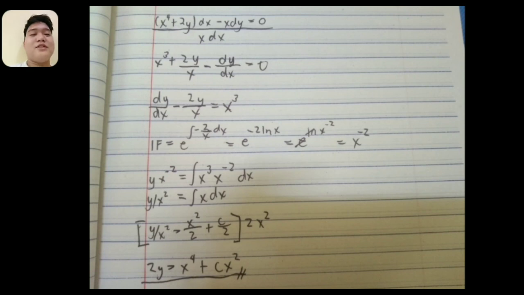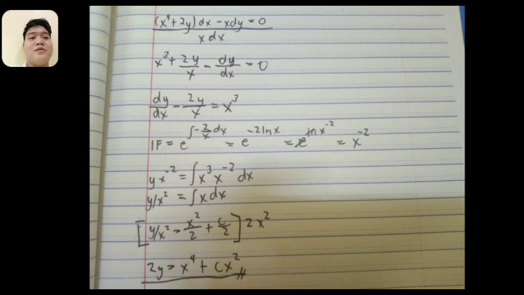So let's go to the general solution. Y times the integrating factor equals the integral of q of x times the integrating factor dx. So y times x to the negative 2, our integrating factor, equals the integral of q of x, which is x cubed, times our integrating factor, x to the negative 2, dx.